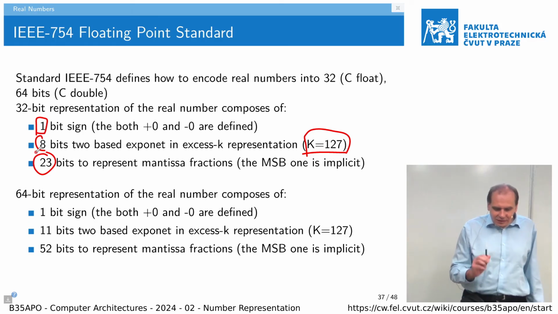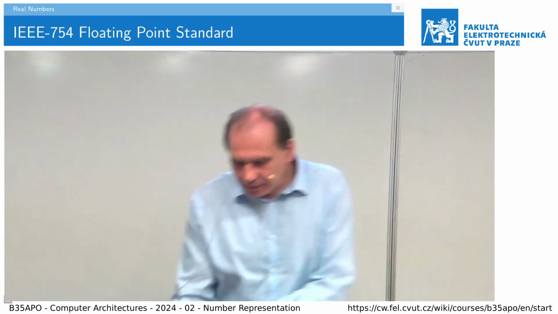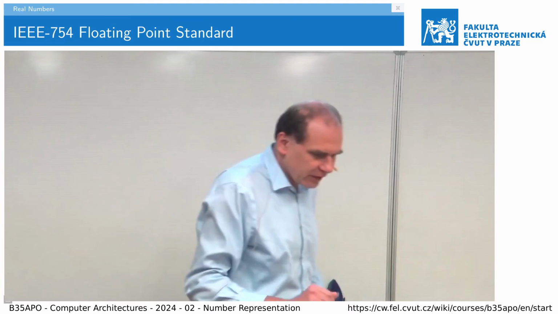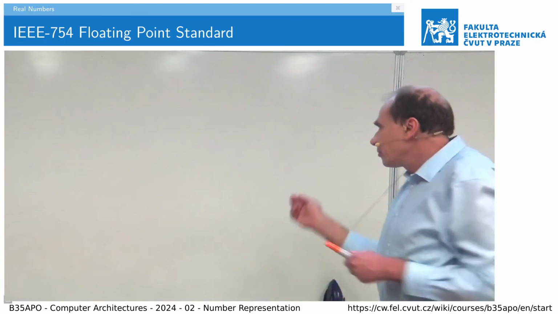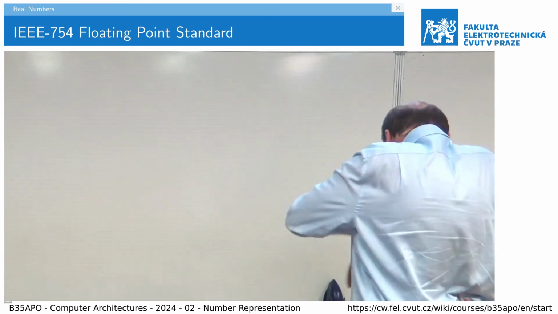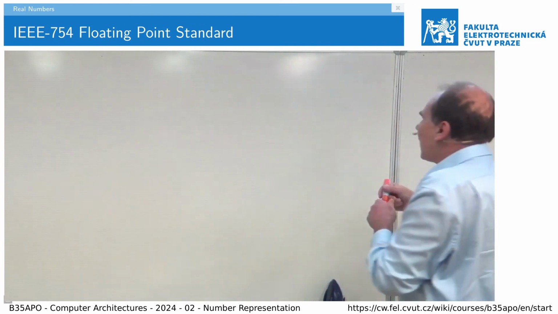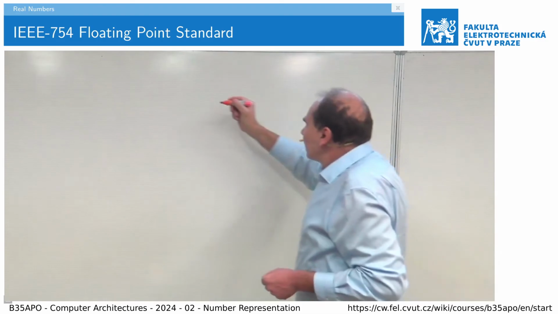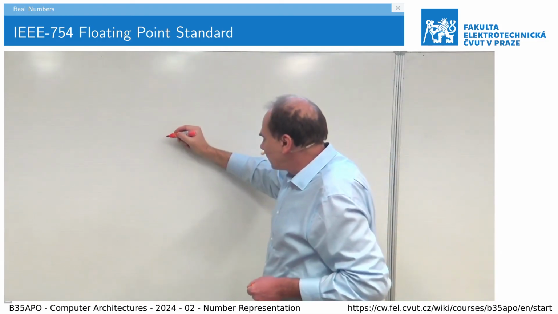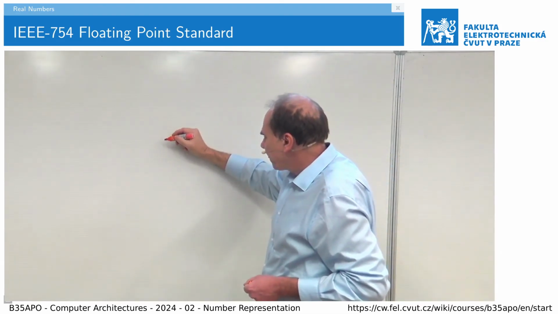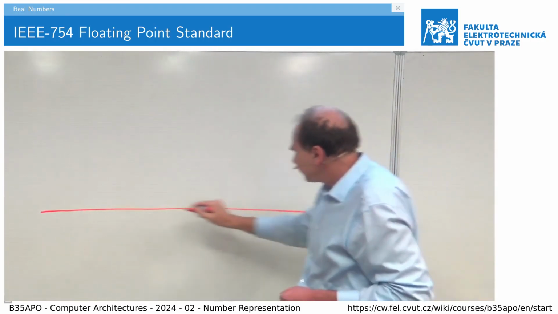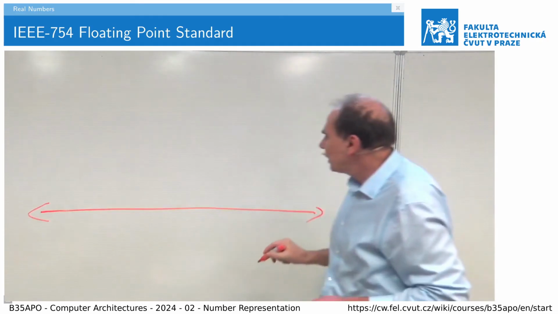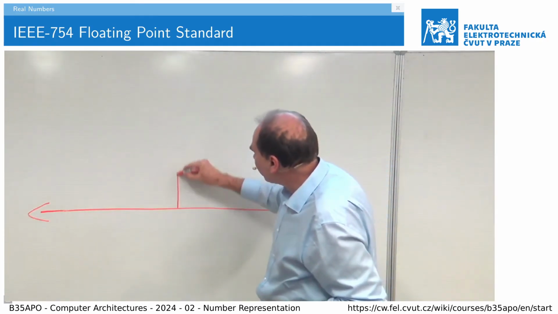Why is this excess k used here? In fact, if we look at it in a table, then basically you have some range of arithmetic values which you want to encode into some codes, into some combinations.